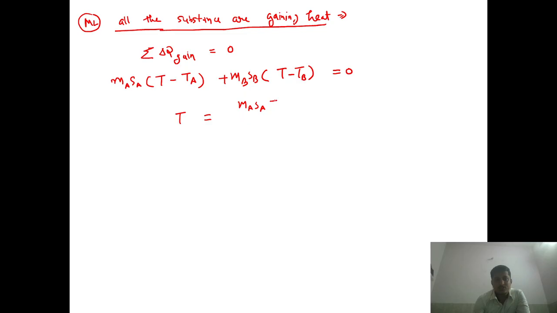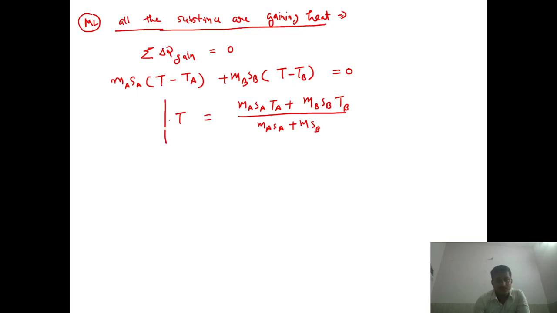MASA TA plus MBSB TB divided by MASA plus MBSB, like this.